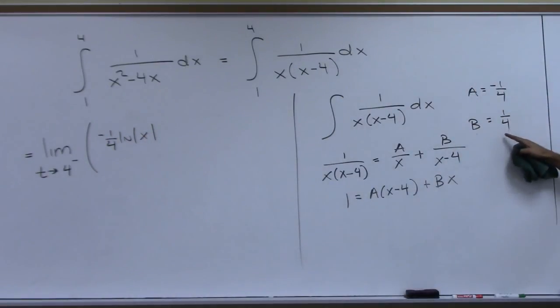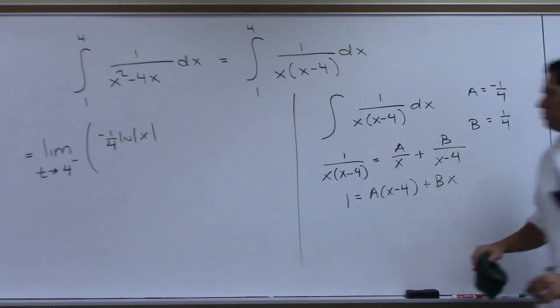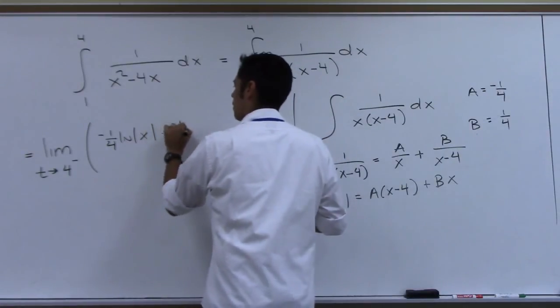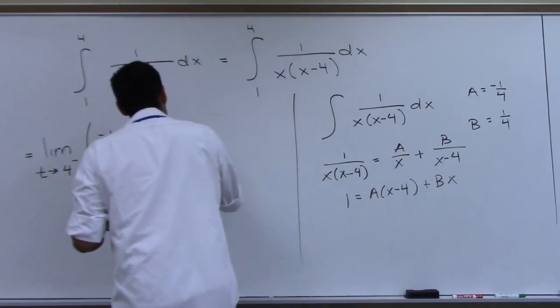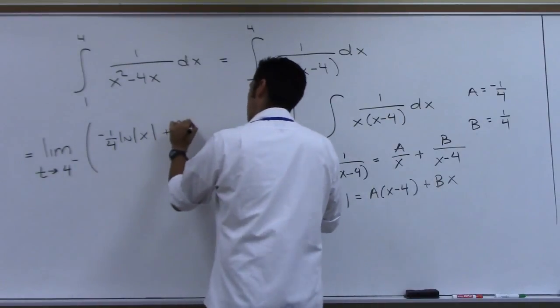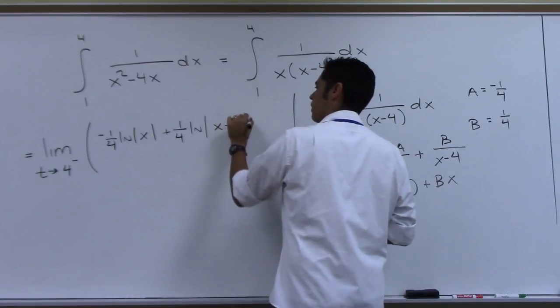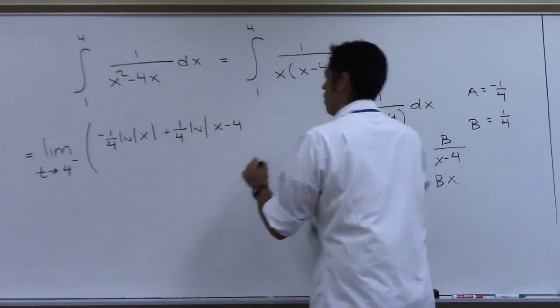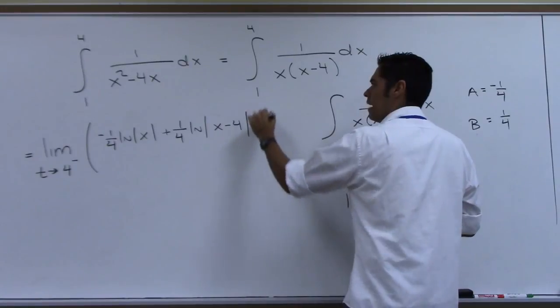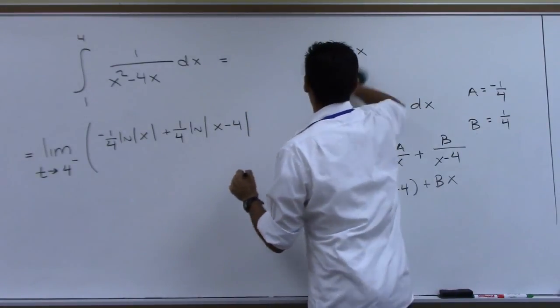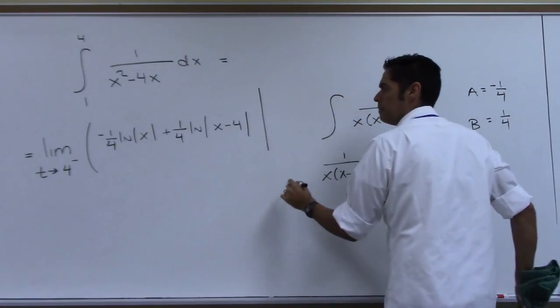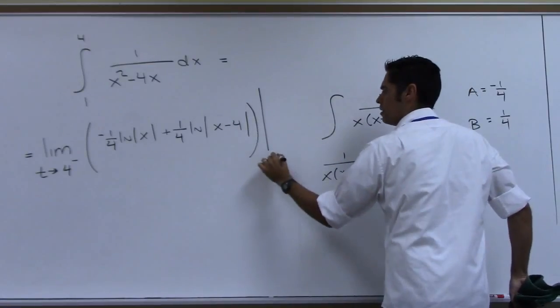And then from the B, we have a 1/4 over that one, so 1/4 natural log of x minus 4. And then we want to evaluate that from where? 1 to t.